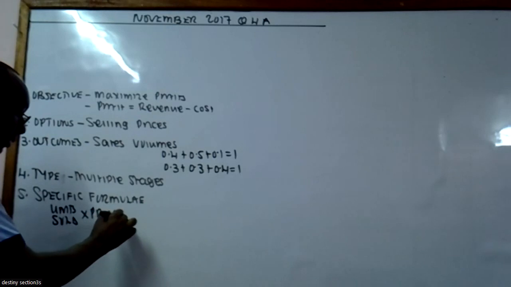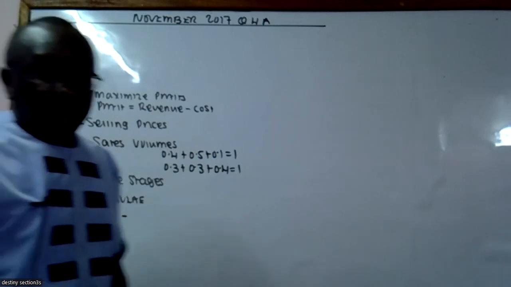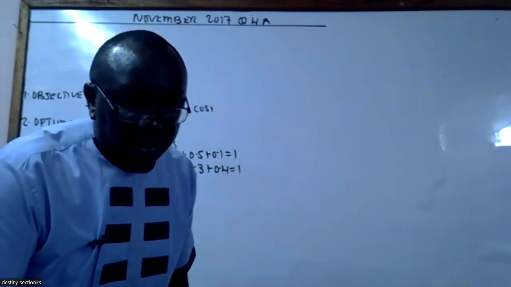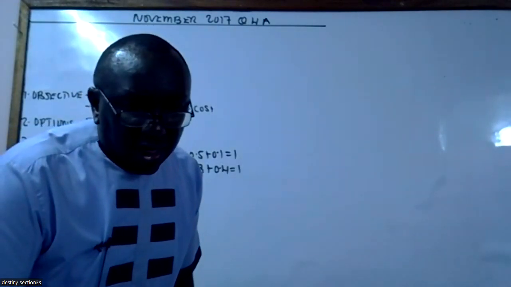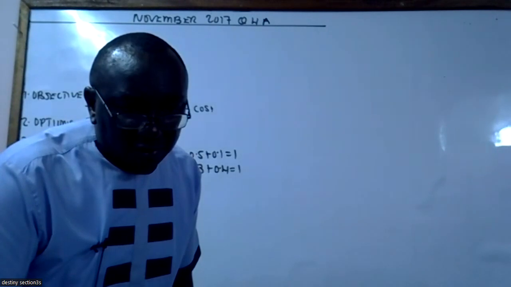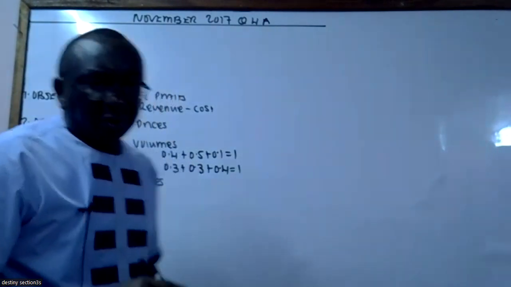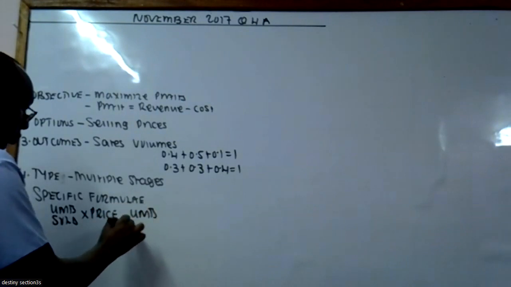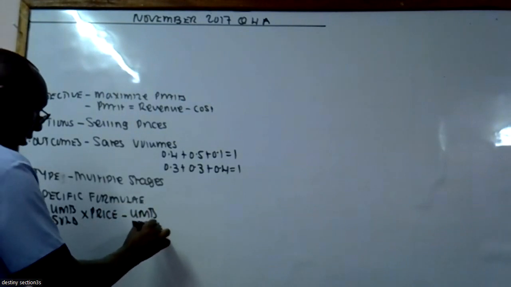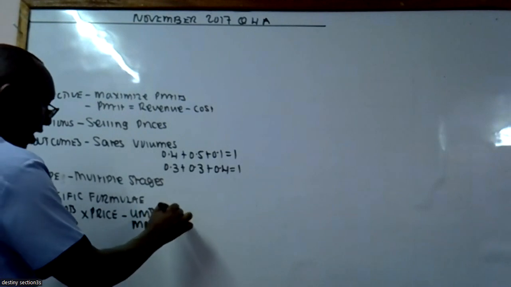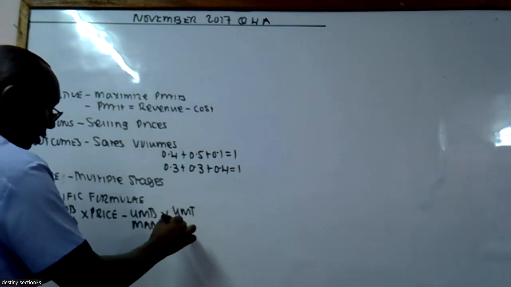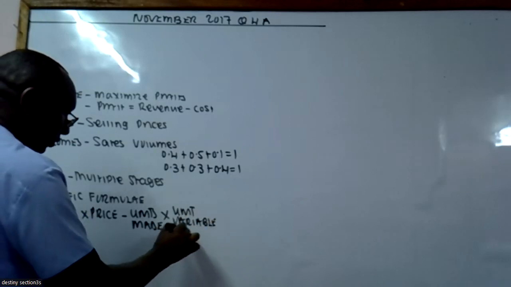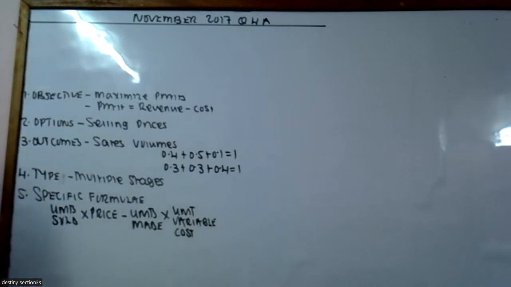Then we minus the costs. We have 2 types of cost, actually 3 types. We have the variable costs. So we have units made times unit variable cost, the variable cost per unit.